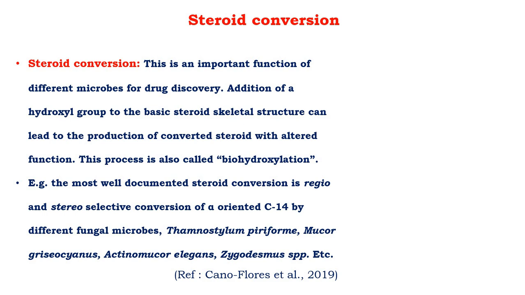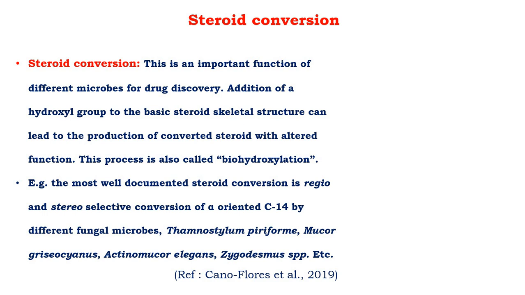Addition of a hydroxyl group to the basic steroid skeletal structure can lead to the production of a converted steroid with altered function. So with the existing steroid skeleton, we can develop several derivatives through steroid conversion. This process is also called biohydroxylation, and it has a wide application in pharmaceutical industries.